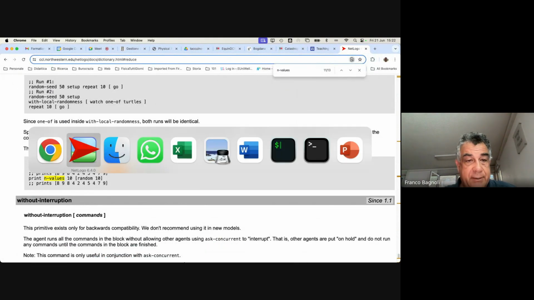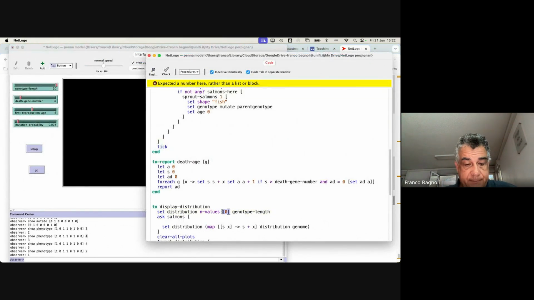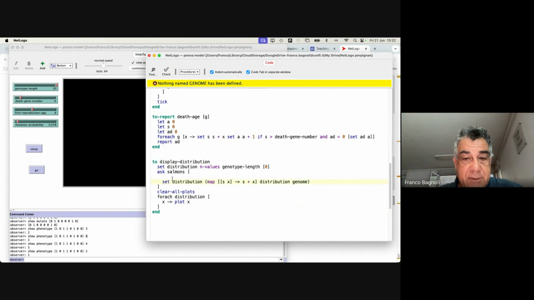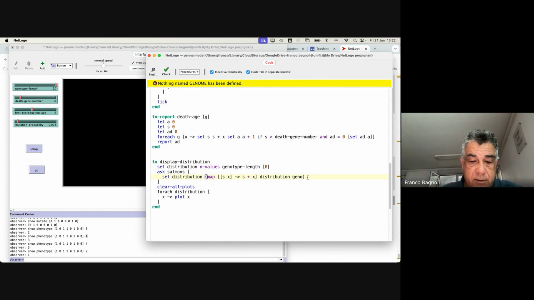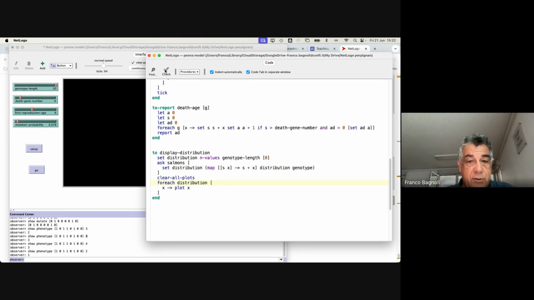First the number and then always, because I don't know why sometimes you take first the list and then the number. Let me see. Ask salmons set distribution. Why genome? Genotype, no? Genotype. Okay. For each distribution.